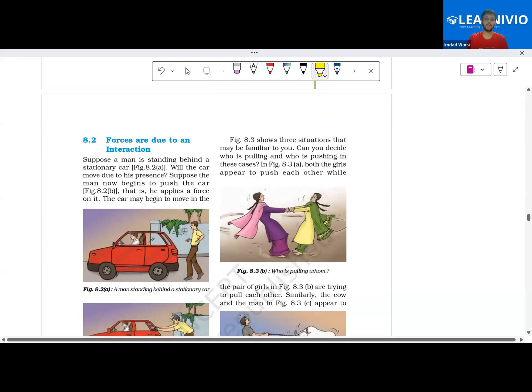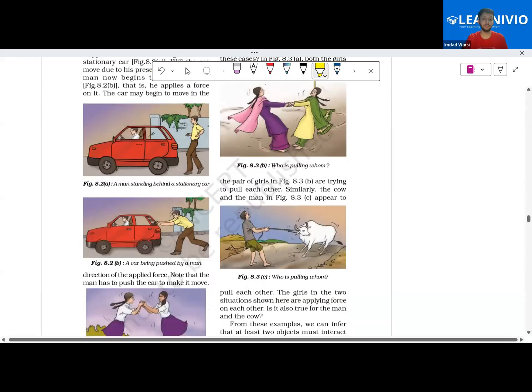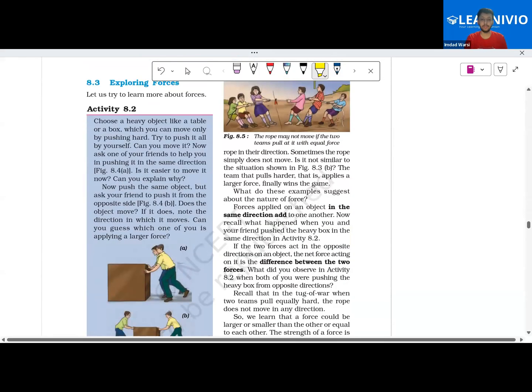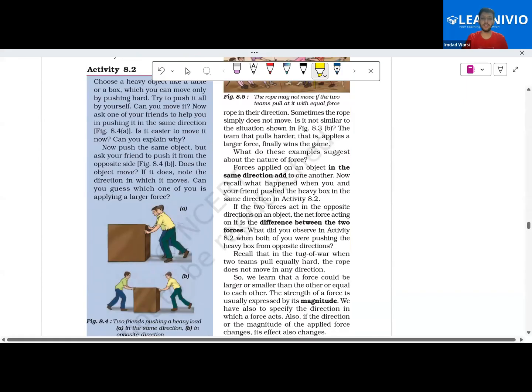Forces are due to interaction. Are all forces due to interaction? No. And the forces which are not due to interactions are called non-contact forces. We also saw that when forces are applied on an object in the same direction, they add. In different directions, the forces subtract, right? Okay, let's solve one problem quickly first.